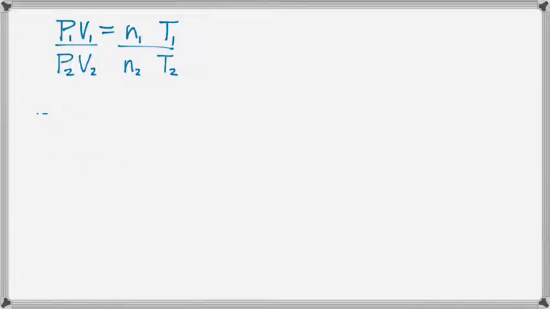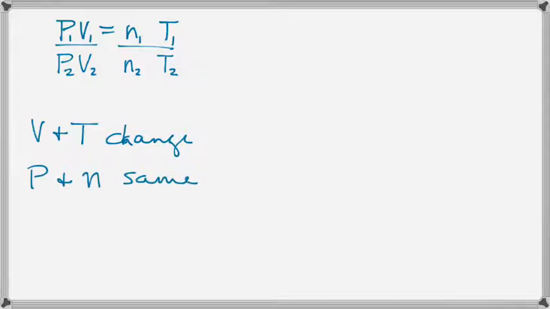So let's try that again. I wanted to end up with something recognizable, but I didn't think it through. So let's say the volume and temperature are changing, because we've done that one. And that means that pressure and amount of gas are the same. So the pressures cancel out, the moles of gas cancel out, because they're not changing.